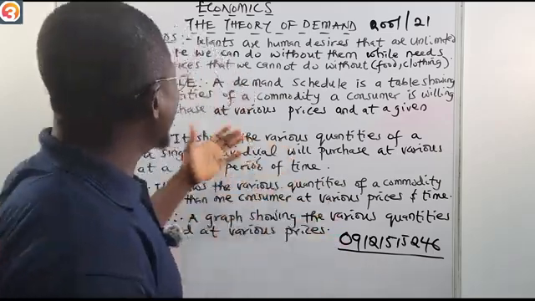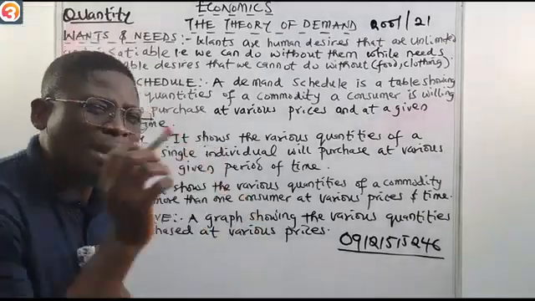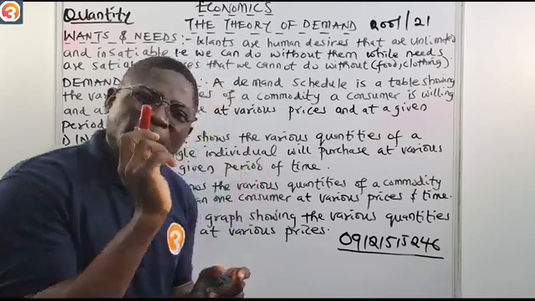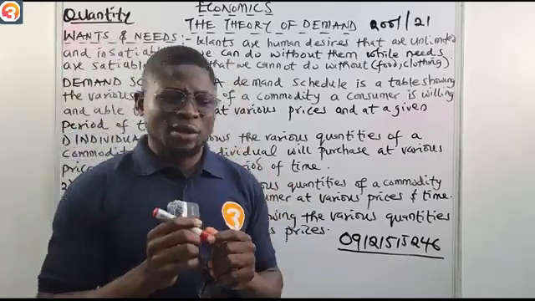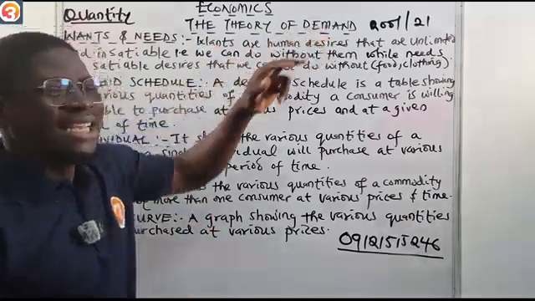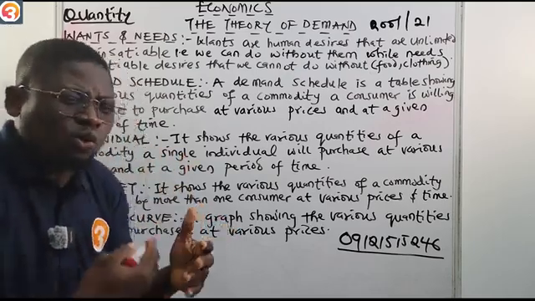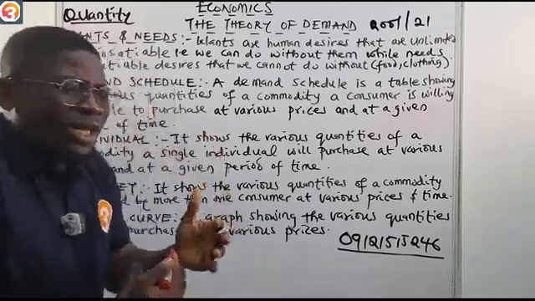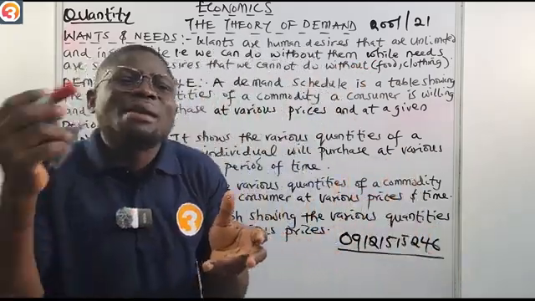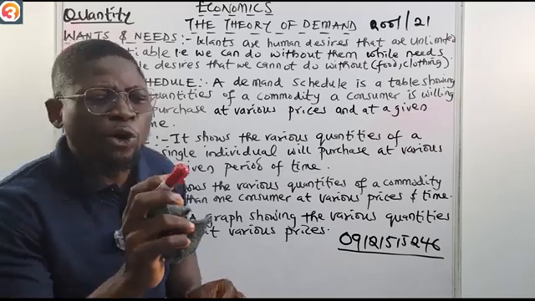So we say that demand is the quantity of a commodity that a consumer is willing and able to purchase. Demand here is the quantity of commodity that a consumer is not only willing but is able to buy at various prices at a given period of time.